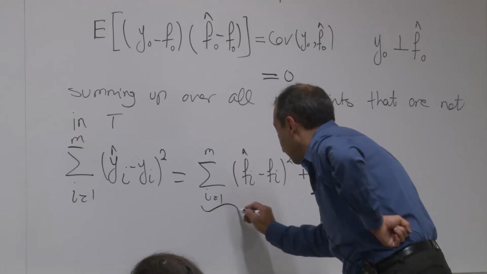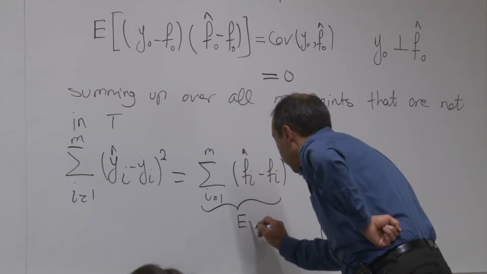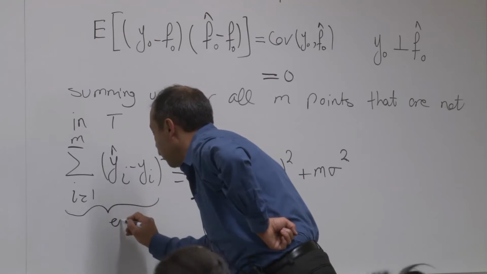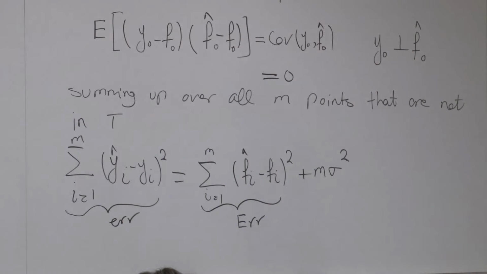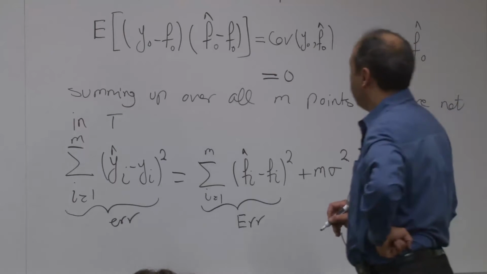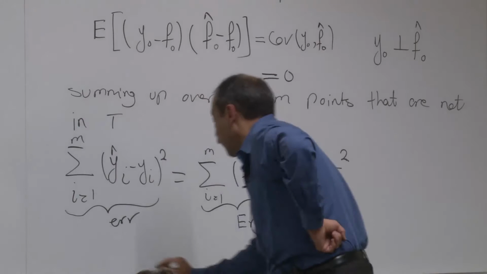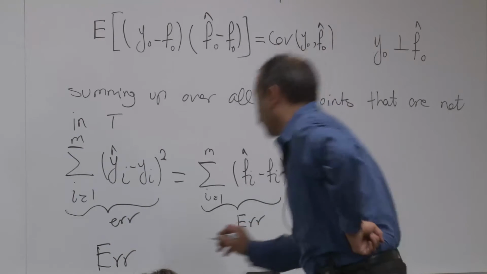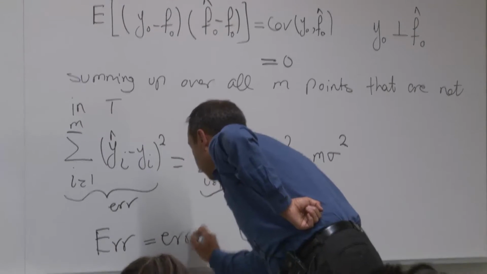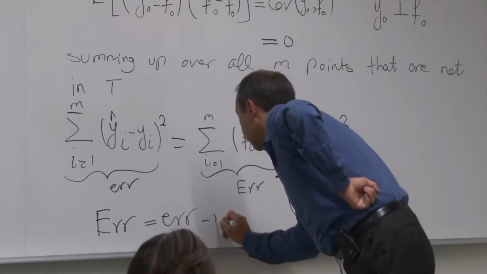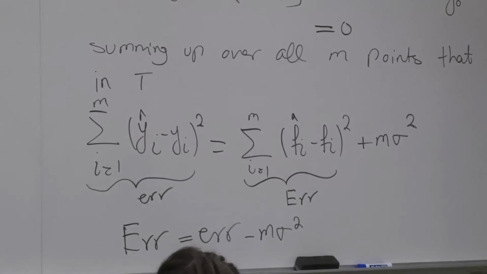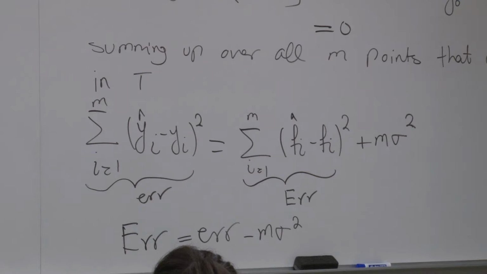Here is the error that I care about. Here is the error that I'm measuring empirically using my data. So basically, I can conclude that the error that I care about is this empirical error minus m sigma squared, which is a constant.